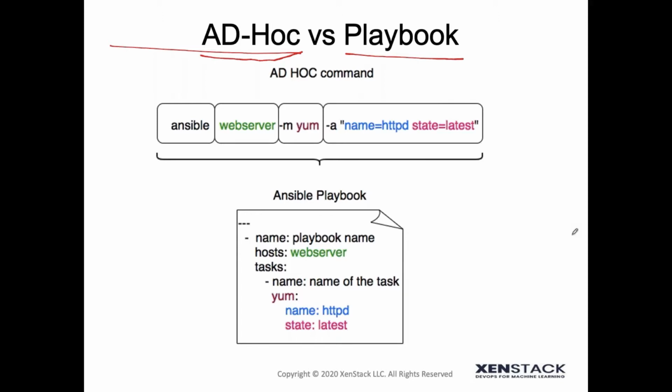But with ad hoc, you don't need to write a whole playbook. You just need to write one small one-liner command, and that can do only one sort of task at a time. So, any more points you want to add, guys?